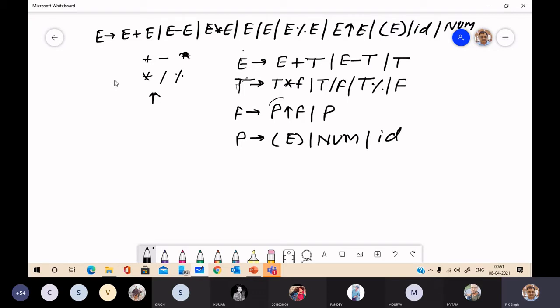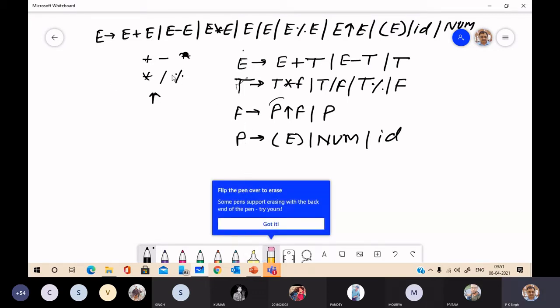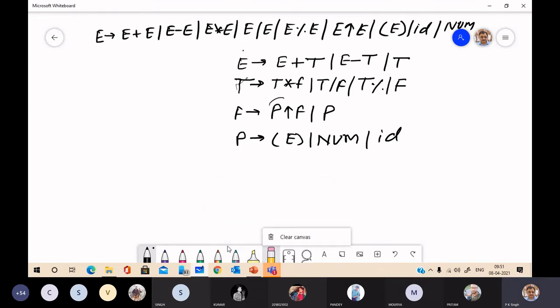Grammar of the previous example is: E to E plus E, E into E and ID.